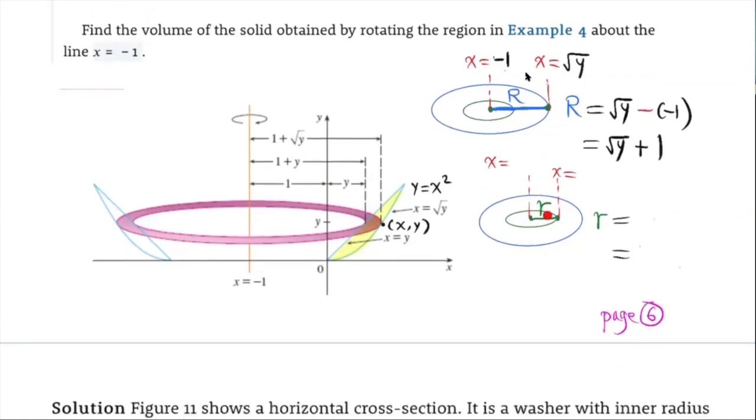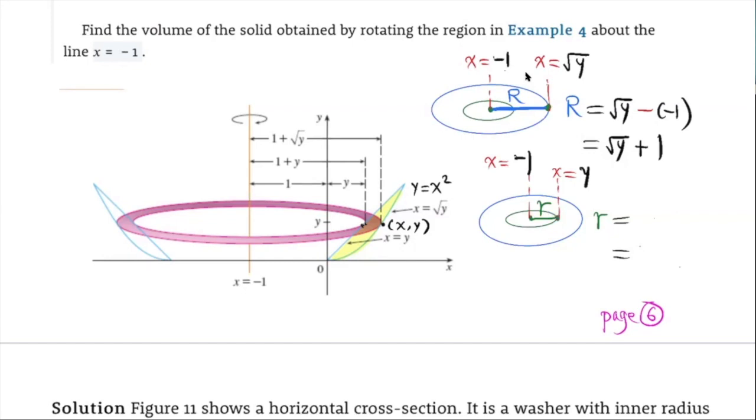Similarly, the small r, the inner radius, is from here to here. This is the center, x equals -1. And this other point over here is on the straight line y equals x. So express this x in terms of y: x equals y. So the small r is this x subtract this x.